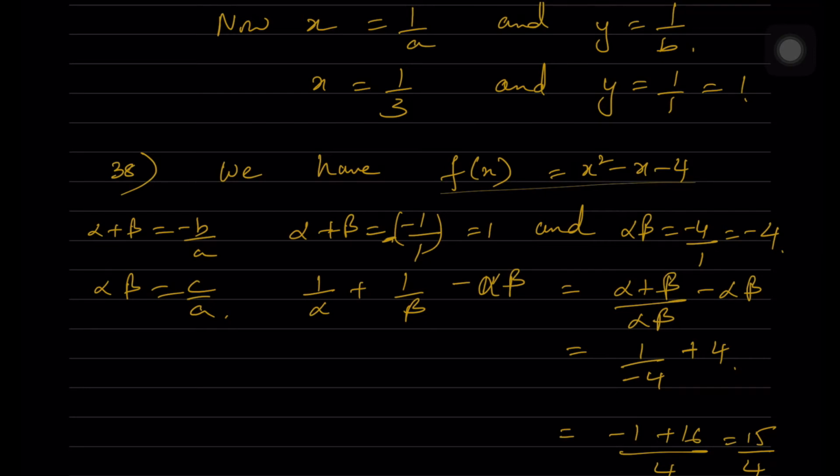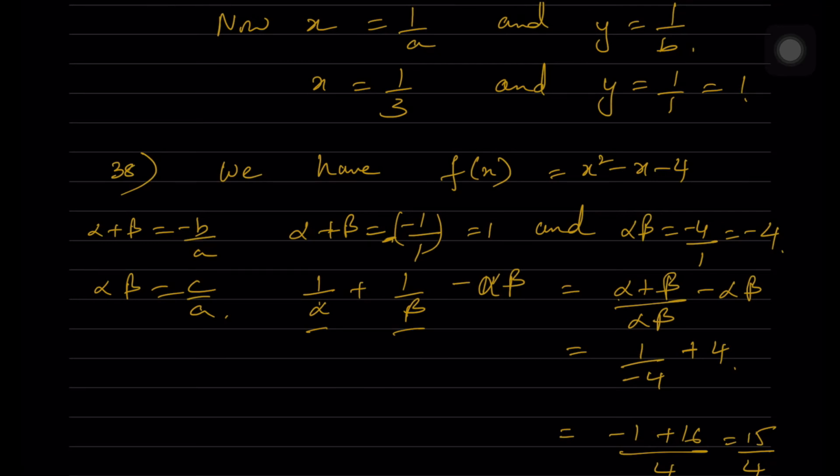So we know that alpha plus beta is equal to minus b by a, which is minus of minus 1 by 1, which is equal to 1, and alpha into beta is equal to c by a, that is minus 4 by 1, which is equal to minus 4. So 1 by alpha plus 1 by beta minus alpha beta: if you take LCM for 1 by alpha and 1 by beta, you get alpha plus beta by alpha into beta, minus alpha beta.